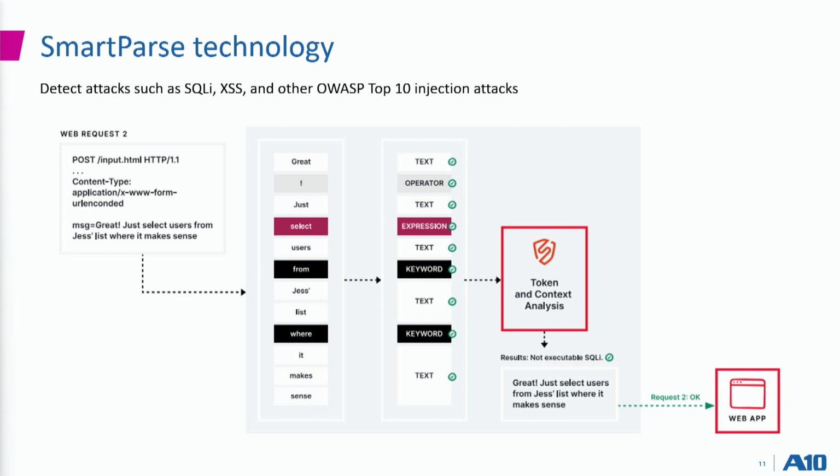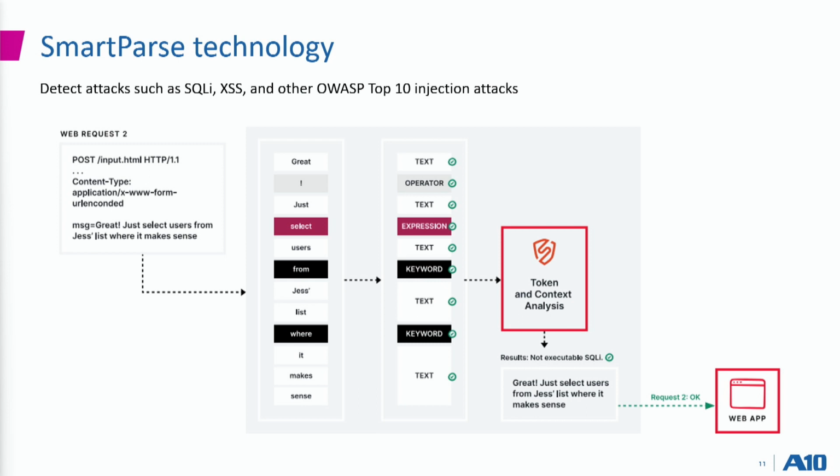This is just an example of how we are parsing the data. If we get an email with a message like, great, just select user from list, blah, blah, blah. If you look at the keywords, select, from, where, those can construct an SQL request. But you need a very smart parsing solution to know, yes, it is an SQL request, or no, it is not, as part of the message you are sending to the website.